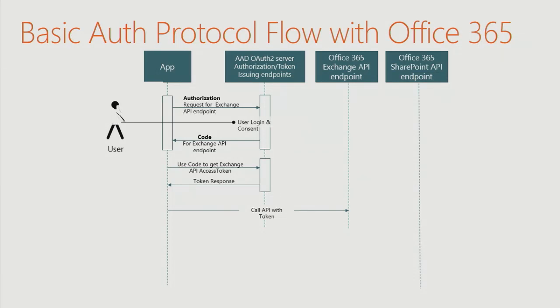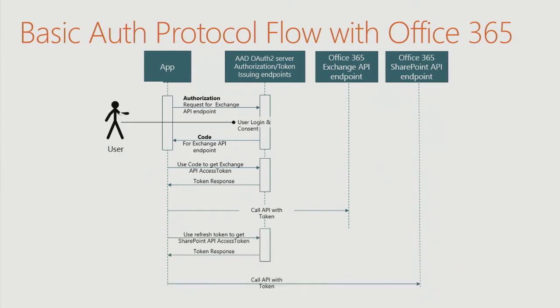You surely do not want to go to an authorization request again where you bother the user with the consent screen and so on. So basically you can use the refresh token to get additional access tokens for different Office 365 APIs.